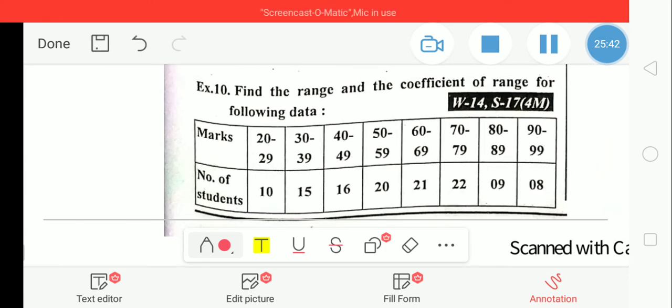Now in this example also, the values 22, 29, 32, 39 are in discontinuous form.